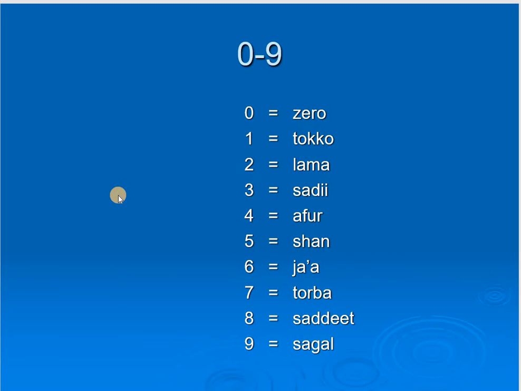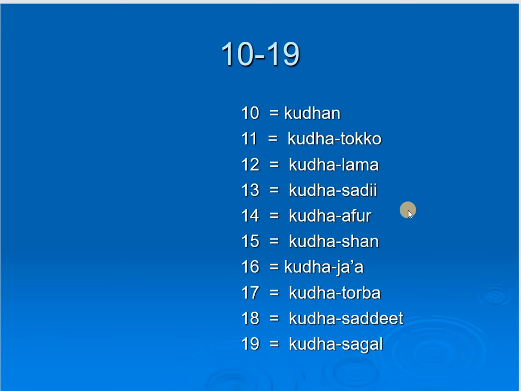So let's see how we do the next numbers. Just like English, we add 0 after 1, and that's going to be 10. We call it Kudan. Then Kuda Tokko, where Tokko comes back from the previous numbers.